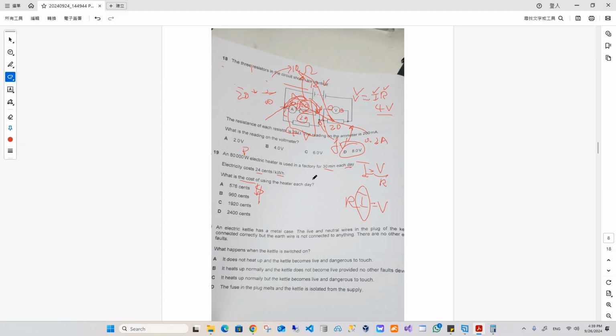Each day means 1 day, but each day means use 30 minutes. 30 minutes in our standard unit would be in joule, but the cost has to be in kilowatt hour. So kilowatt hour.